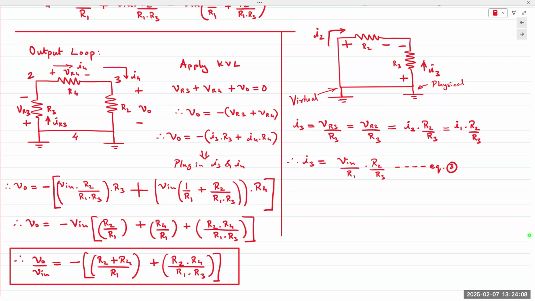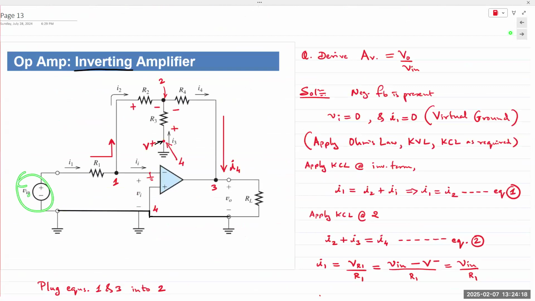So VR2 is the same as VR3. And there's a purpose to this. Remember, I said we are trying to incorporate V in into our equations for V out, right? So we are going from V in to I1 to I2 to I3 and I4 and then to V out.